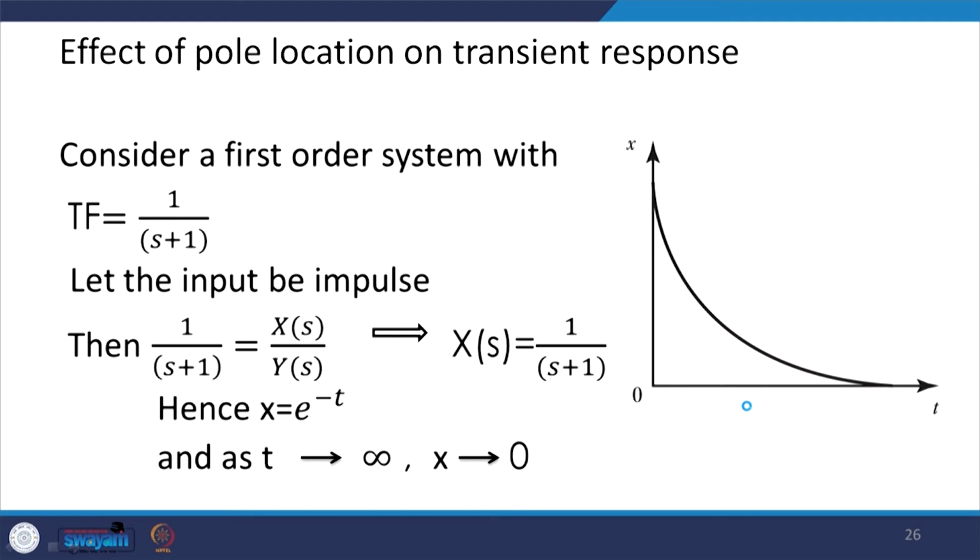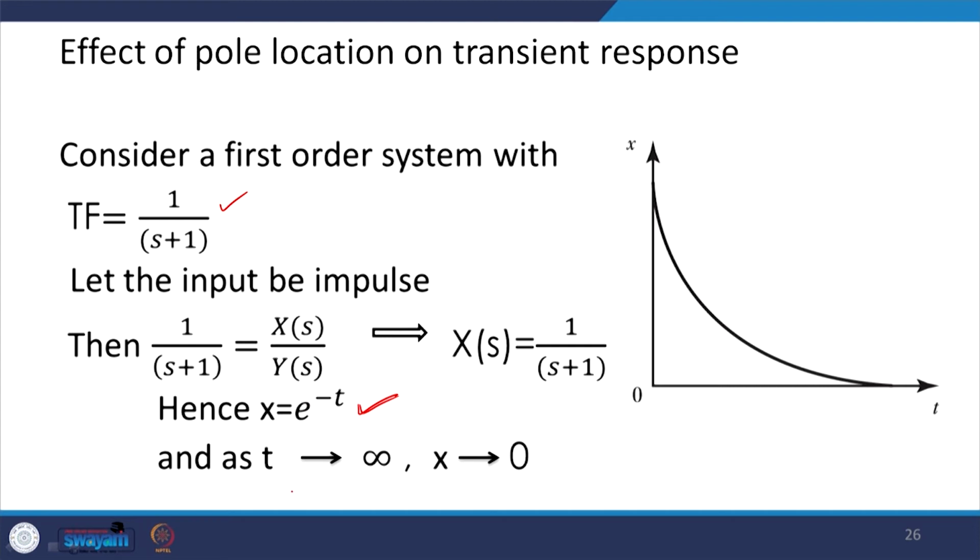Then let us look at the effect of pole location on the transient response. If we consider a first order system like this and the input is an impulse, then I can write this as 1 by (s plus 1) because Y(s) is going to be 1 only. If I take the inverse Laplace of this, then I will get the time response as this one.